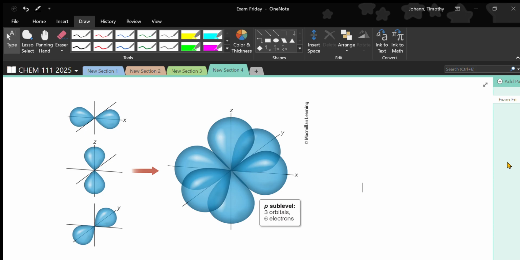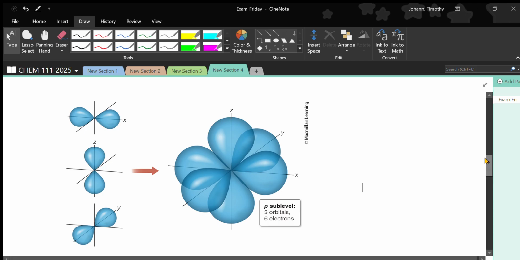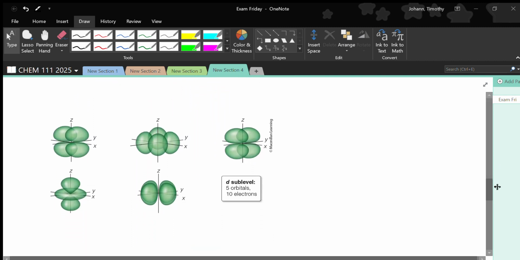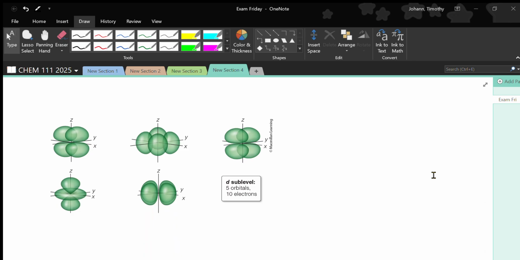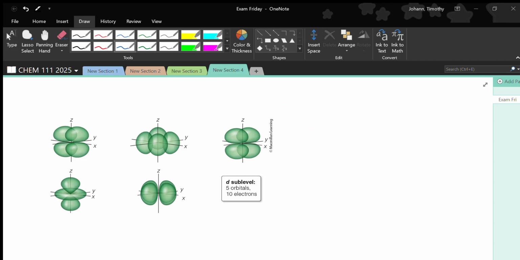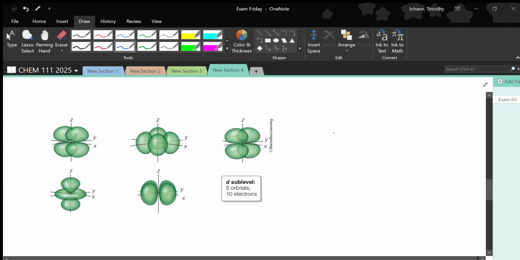I'll have pictures of all of these later. Oh, no, maybe I'll have pictures of them right now. Here is a D sublevel. Okay? So the D sublevel is all these together, which I guess they didn't give us a picture of because it's just confusing. It's just a bunch of stuff overlapping.